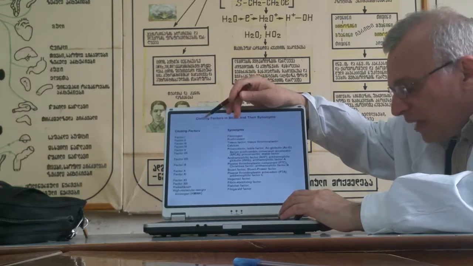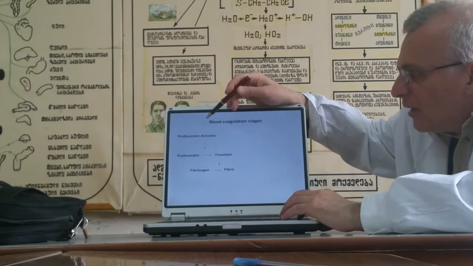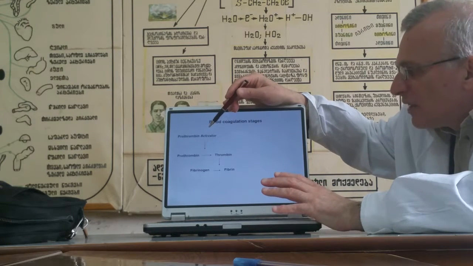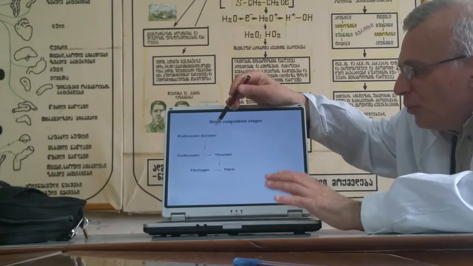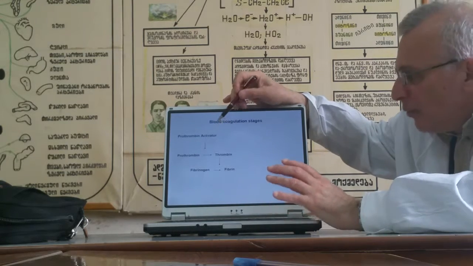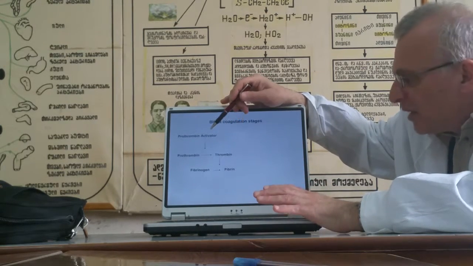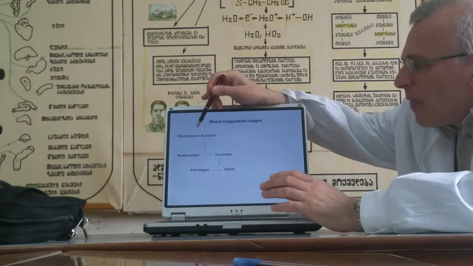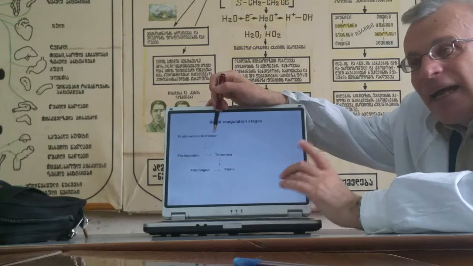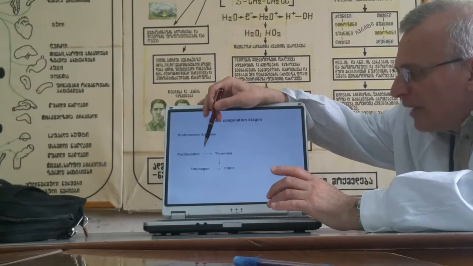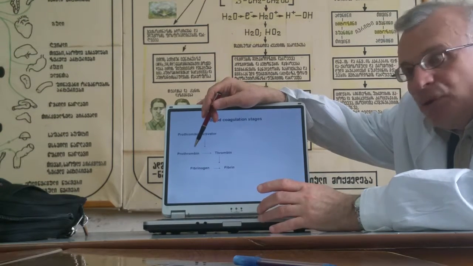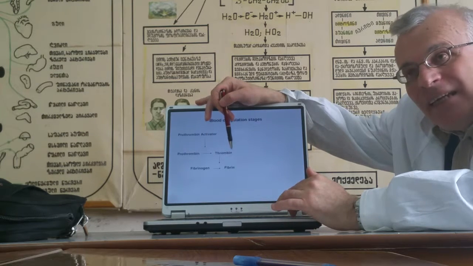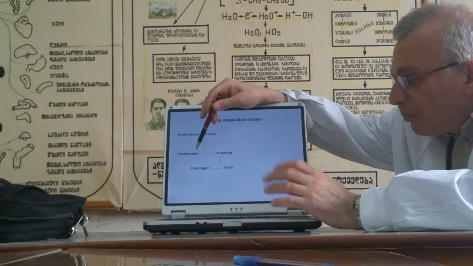I show you next pictures. So these are the stages of coagulation. Generally, we have a cascade of reactions, in different stages. At the first stage, usually prothrombin activator is formed. Then prothrombin activator helps to transform prothrombin into thrombin.